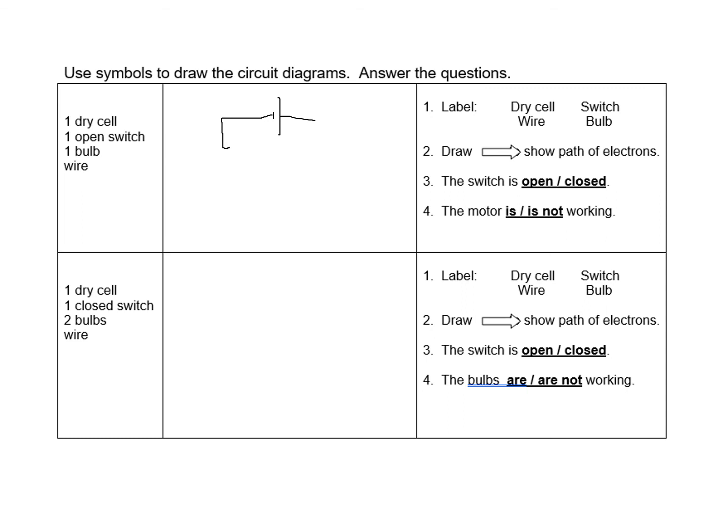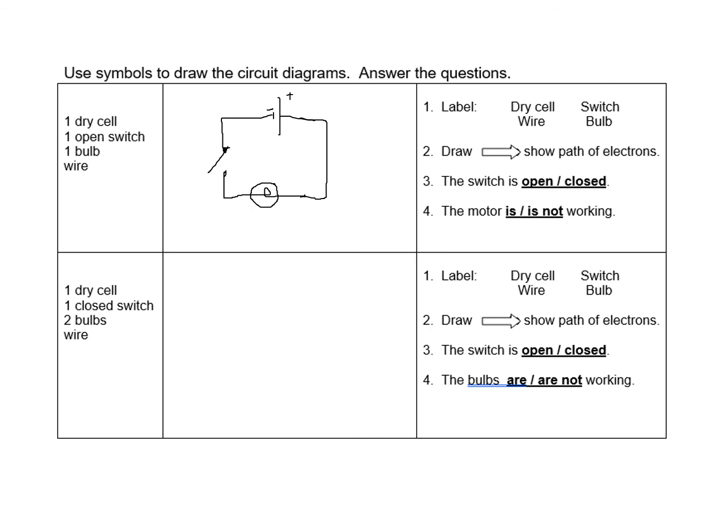So I'm going to draw that little dotty thing in here, another dotty thing in here, and there's my open switch. And then I go little light bulb. You guys can do a better job than me, I'm using a mouse. And then here's my circuit. There's the negative terminal, and there's the positive terminal of my dry cell. And these are all wires.